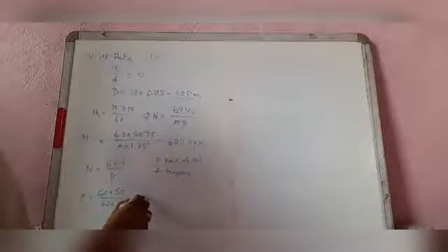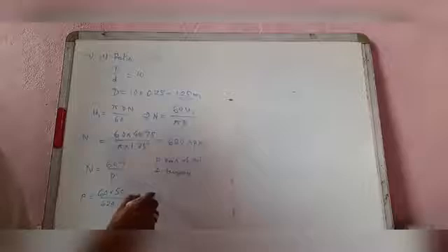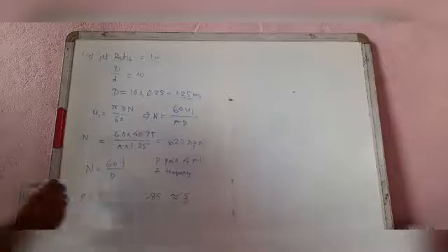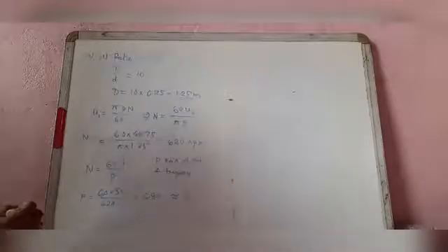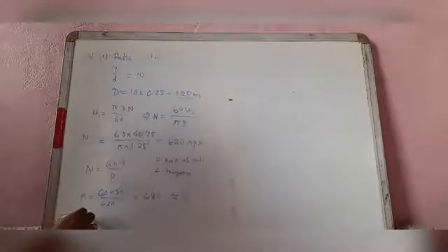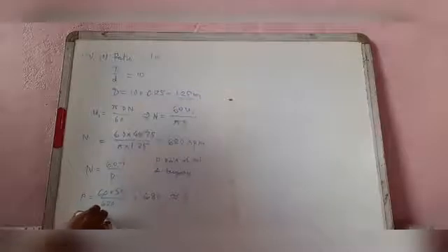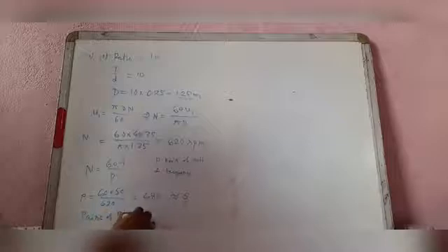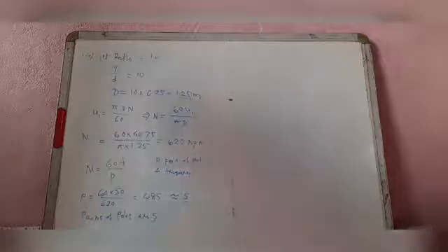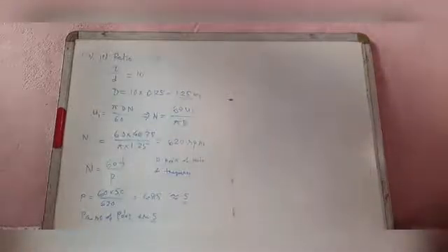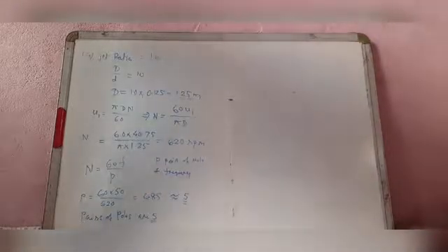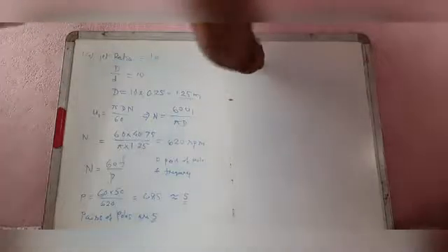So this comes 4.85. So taking the next whole number, this is 5. Number of pair of poles are 5.